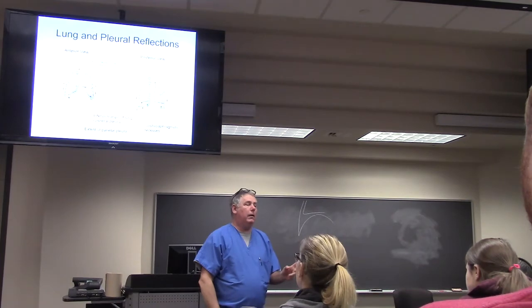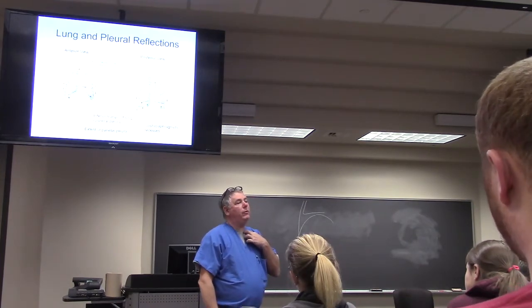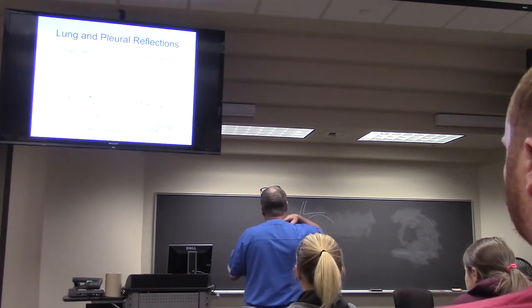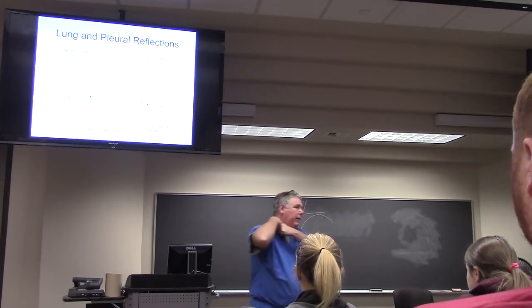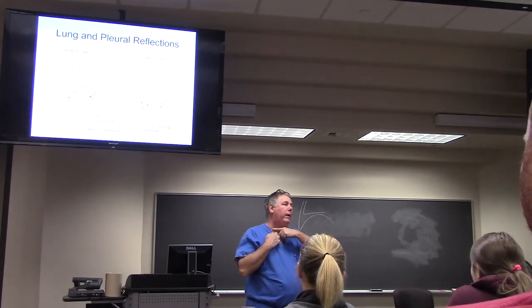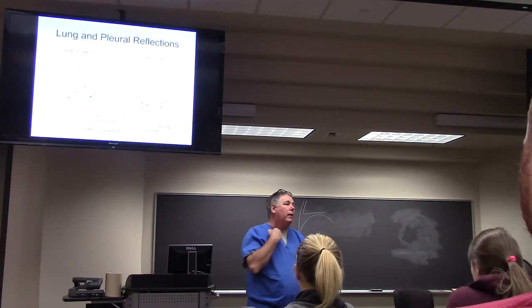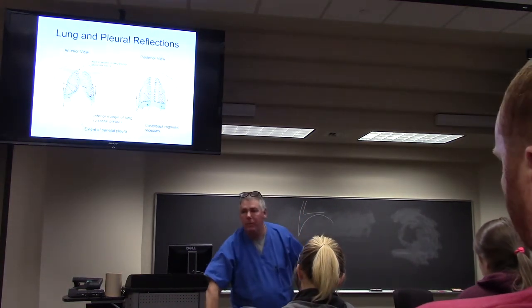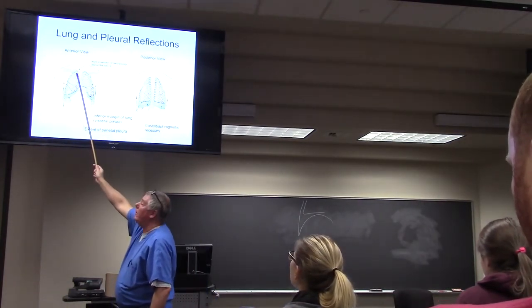In fact, the parietal pleura would be up to the rib at the back. So it's up to here. But in the front, it's up to here, but my first rib was down here. So you actually have parietal pleura extending above the anterior rib.